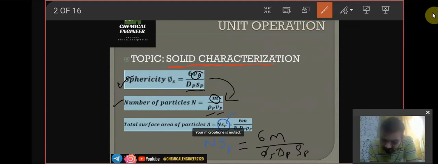Here you can see that n is m by rho p into Vp, so Vp is replaced using sphericity. This sphericity is used to change the total surface area formula. These are simple formulas, you should remember all of them: sphericity, number of particles, and total surface area of particles.